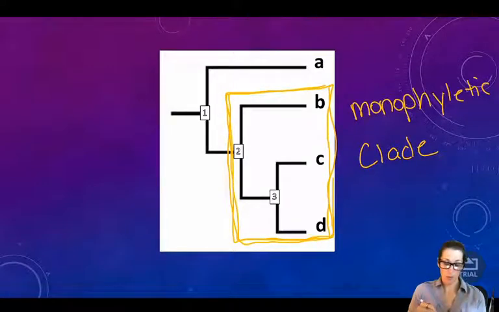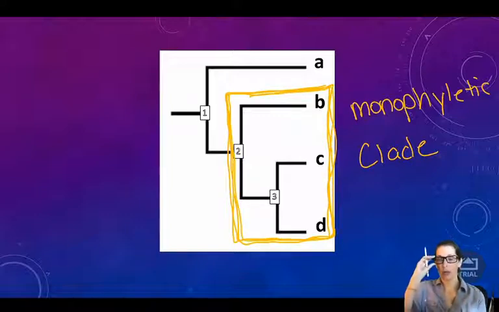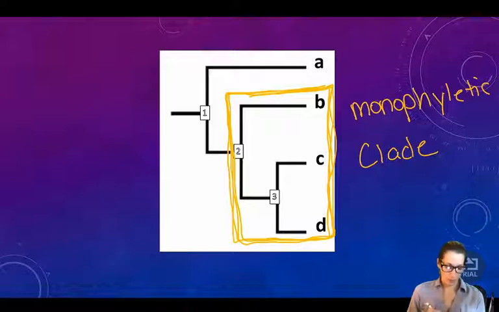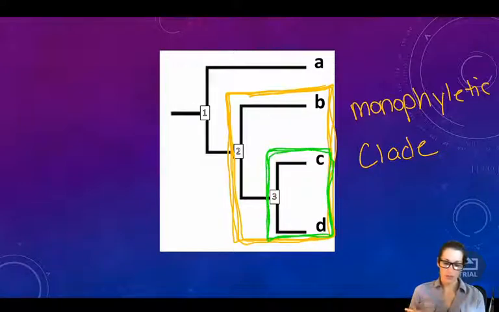And what we have in the tree is a structure where clades are nested within clades. So this yellow color that I've used to outline this clade, that outlines one clade. But within this clade, there's another clade. So this is an ancestor and all of its descendants. So this is another clade.